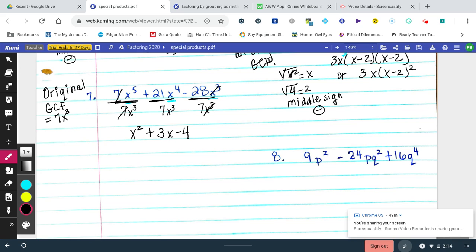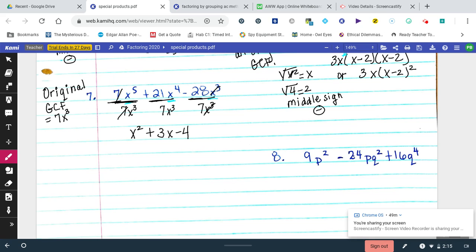Okay, so if it's not a perfect square trinomial, what else have we learned to do if the leading coefficient was a 1 and it was a trinomial? If the leading coefficient is a 1 and this is a trinomial, you should be able to use the x method.